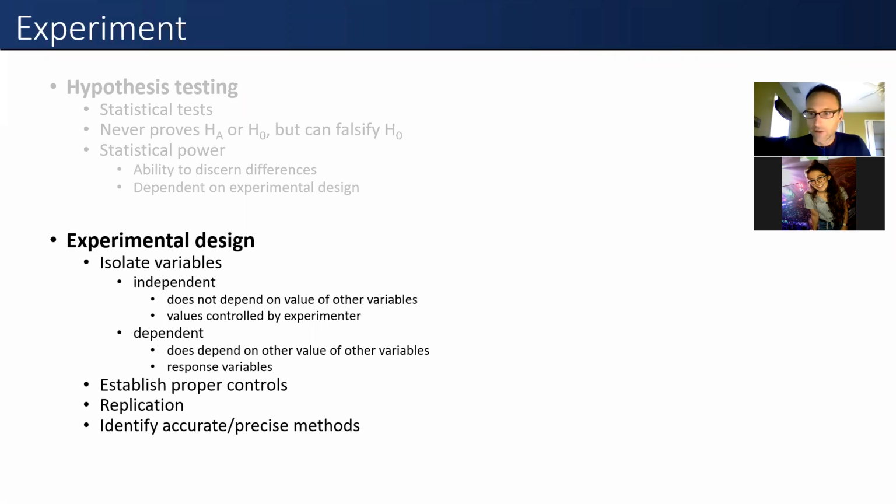So if we were to just grow one plant at higher ozone, that's great. But if we could grow 10 plants and get an idea of how consistent the effect is, that would be better. And then we want to make sure that we're using methods that give us accurate, precise values for the variables that we're measuring.